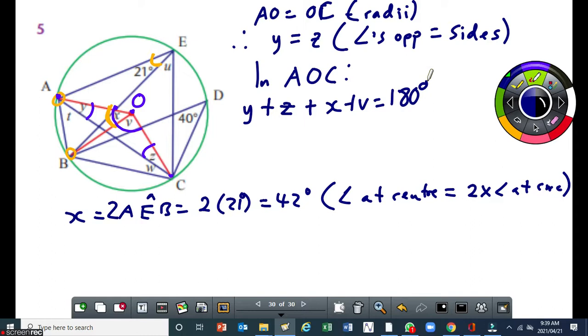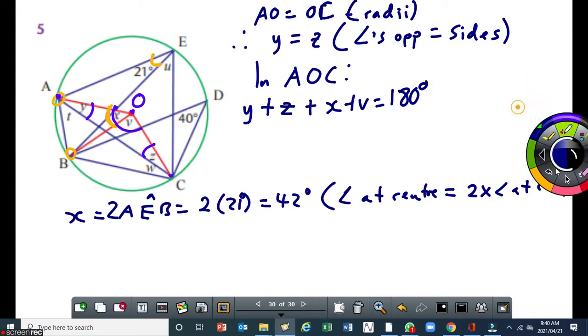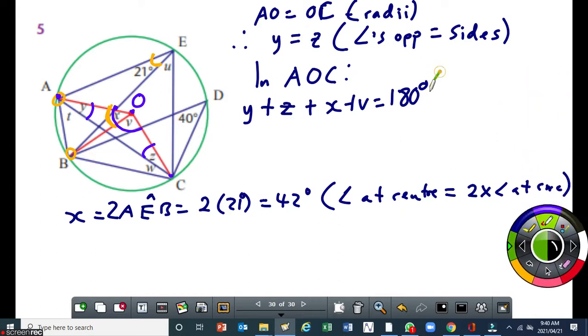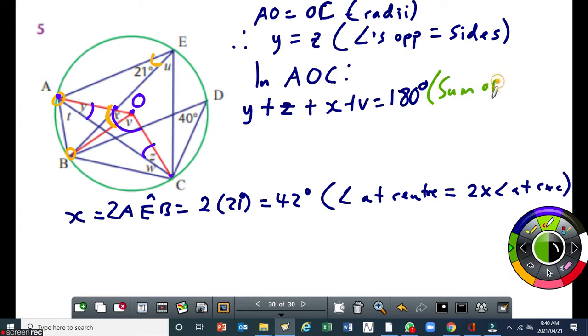You can write angle sum in a triangle, or sum of angles in triangle, or interior angles of a triangle. Mr. Tuponda prefers to write it as sum of angles in a triangle, like that.